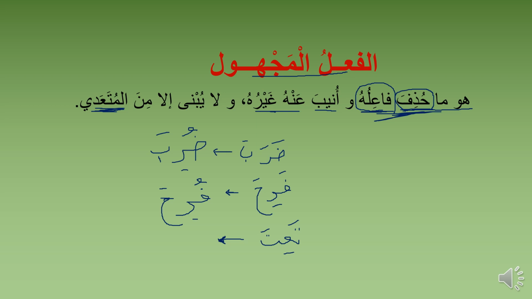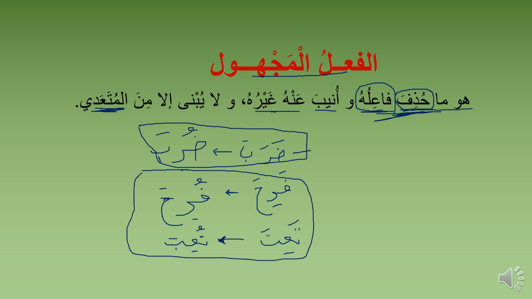So ta'iba, we now say tu'iba. How are we going to translate this? Are we going to say he was tired? It makes no meaning. It's different from the way we translate doraba, he beat, duriba, he was beaten. So this one we can get fi'l majhul from, and these two we cannot get fi'l majhul from.